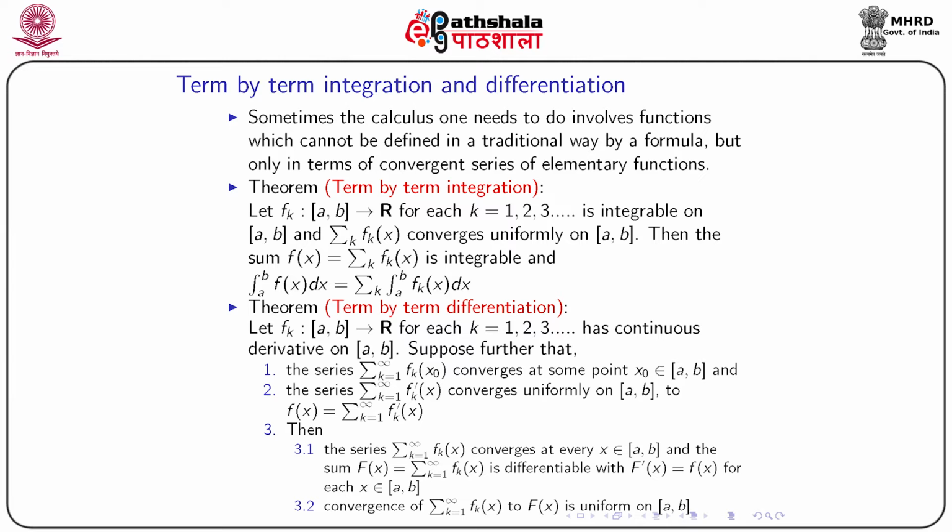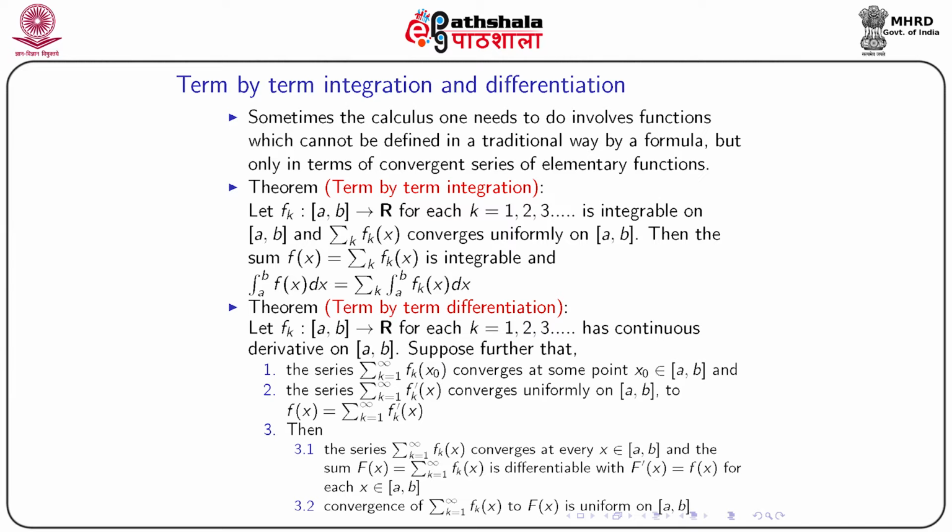Let f_k be a function mapping the closed interval [a,b] to R, the real line, and this mapping is valid for all k. So we will have f_1, f_2, f_3 and so on. We will assume that these functions are integrable on this closed interval [a,b], and the sum over k of f_k(x) converges uniformly on that closed interval.